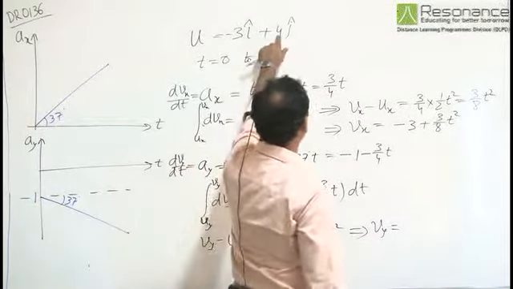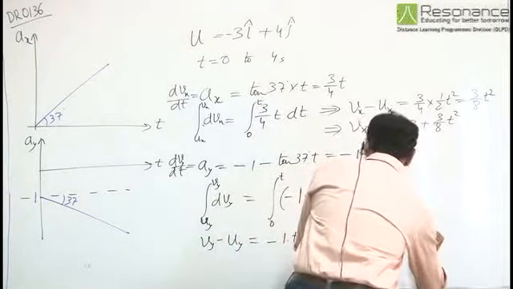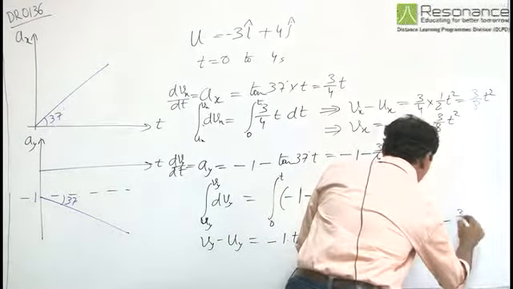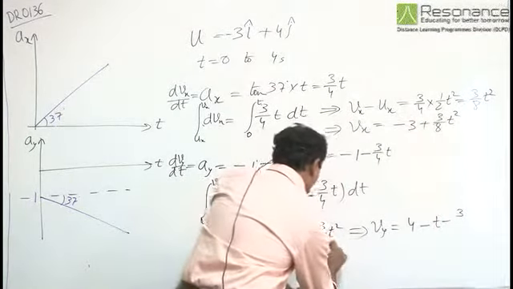Now uy is 4, so vy is equal to 4 minus t minus 3 by 8 t square.